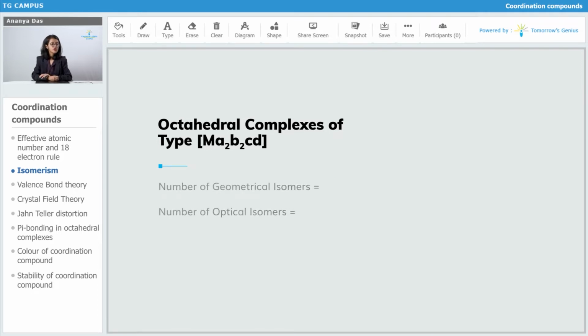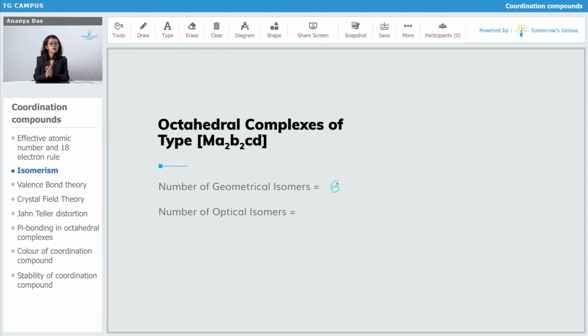Next we come to the number of optical isomers. First of all, let's write whatever we know: the number of geometrical isomers is 6. And I had already told you that in the calculation of the number of optical isomers, you will have to see only those which are optically active. The optically inactive pairs you have to forget about.